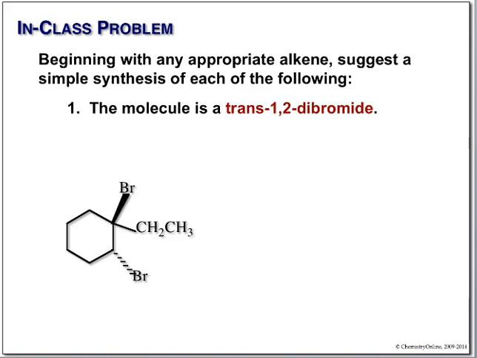We know that because that's where the bromines went. Therefore, all you have to do is draw this guy and show bromine as your reaction conditions. Our double bond is right here, and this is just an ethyl group sticking out.